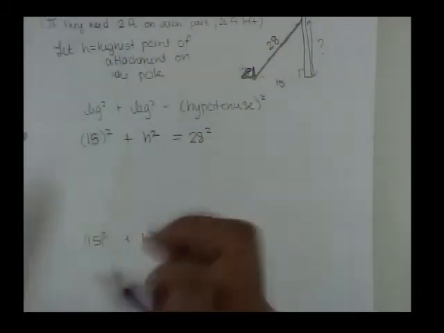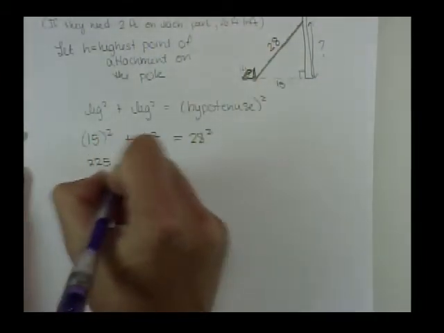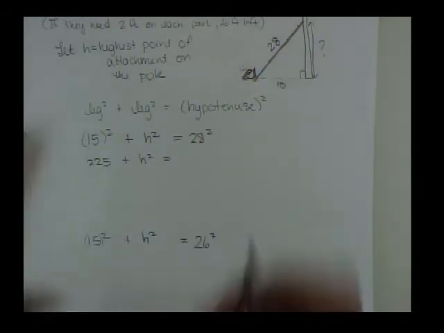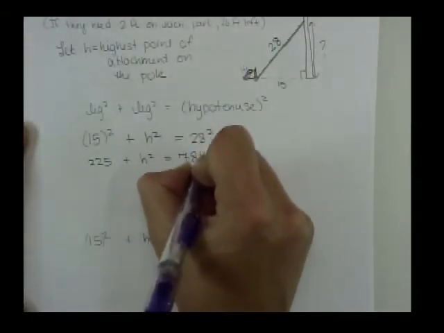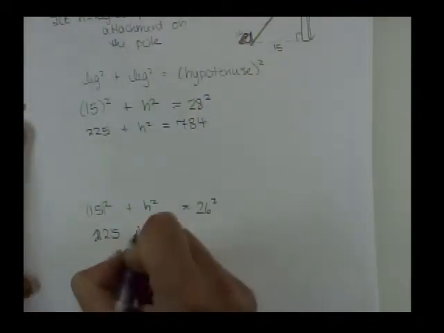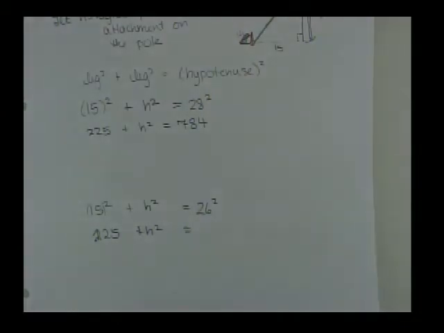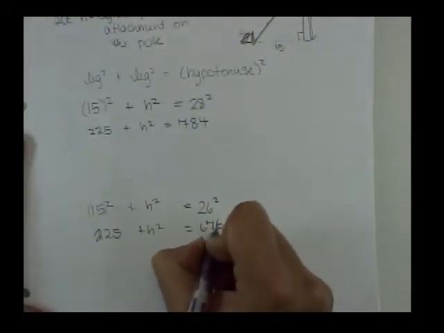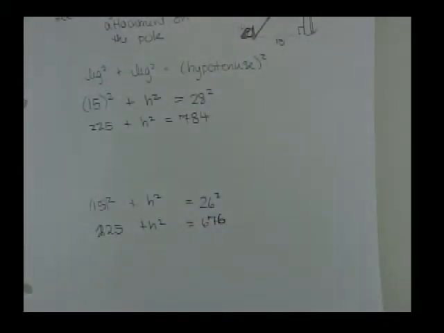So that's 225. 28 squared is 784. If we did it the other way, we'd get 225 plus h squared equals 676. In either of those equations, we're wanting to solve for h, and so we'd have to do what on each side?